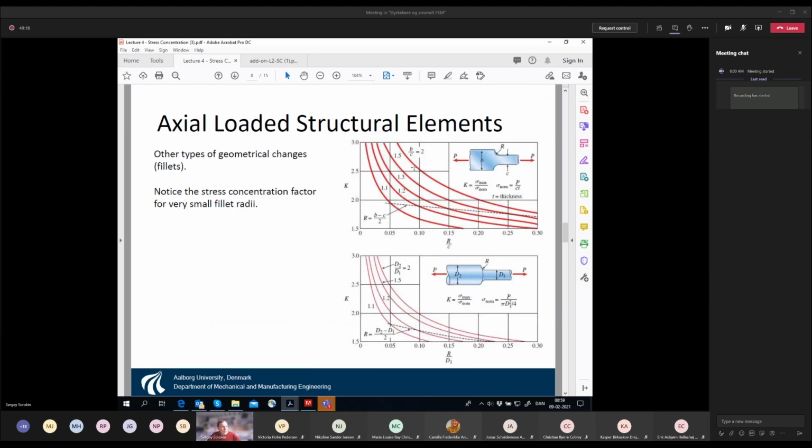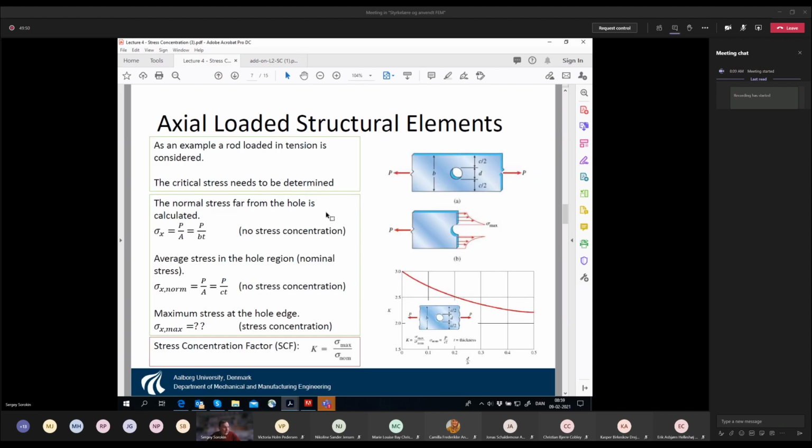All these curves give you the stress concentration factor for all possible types of concentrators. These stress concentration factors are found from the mathematical theory of elasticity. They are verified by experiment, and the finite element method is checked as a sanity check to match these values of stress concentration factor from the mathematical theory of elasticity.